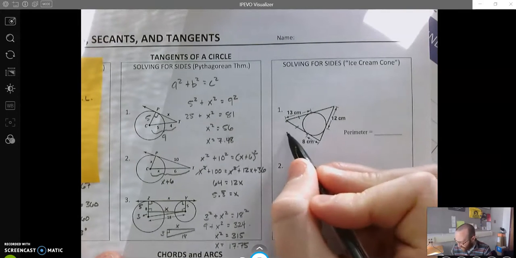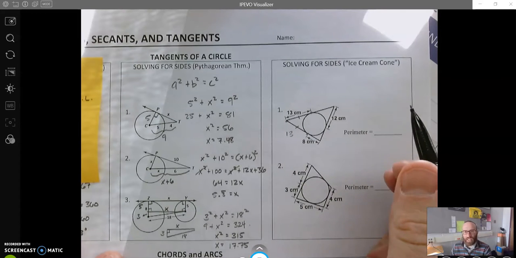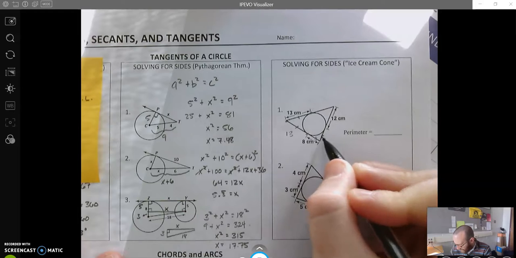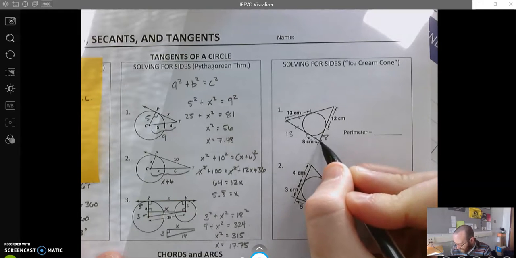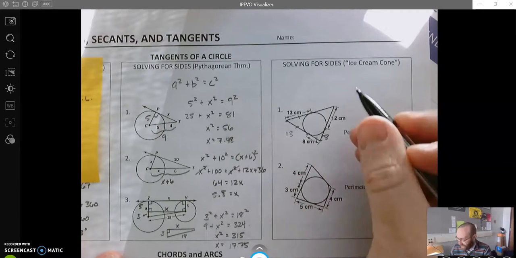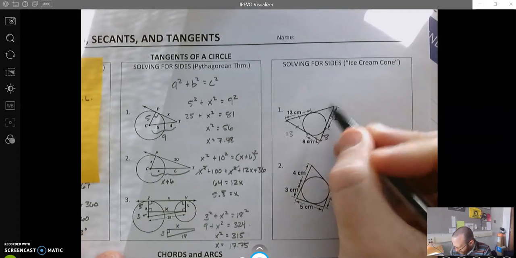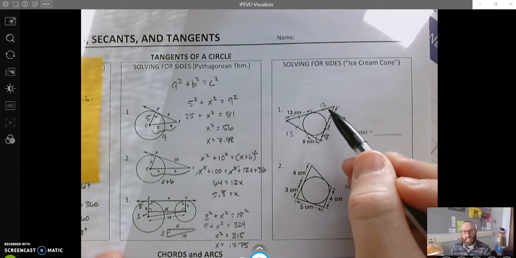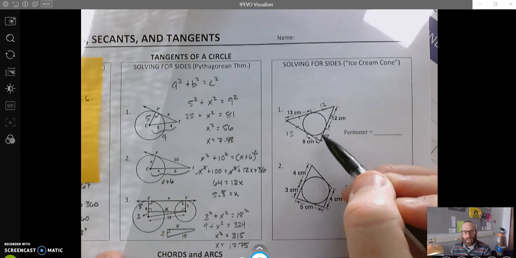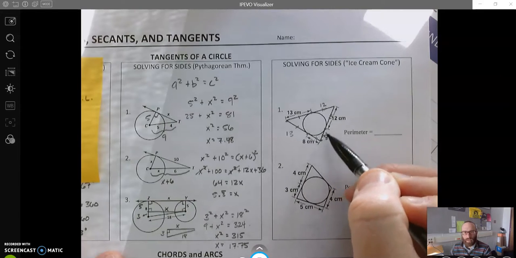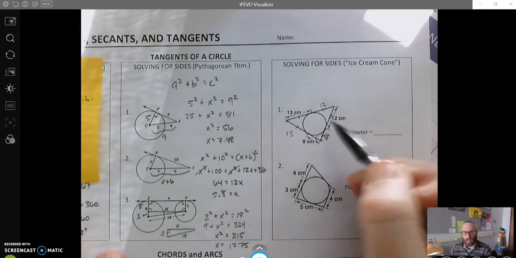So if this is 13, this is 13. If this piece is 8, then this piece is 8, because they leave from an intersection and they both are tangent to the circle. This piece is 12, and this piece is 12. You see that ice cream cone idea where you have the cone holding up the ice cream. From the point, the two segments that leave are congruent.